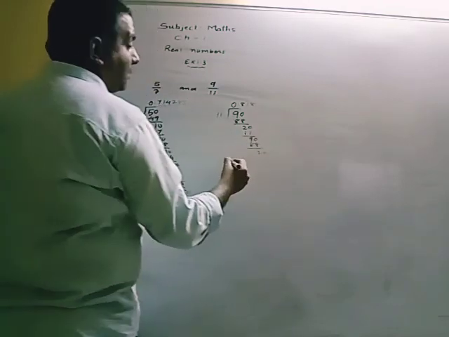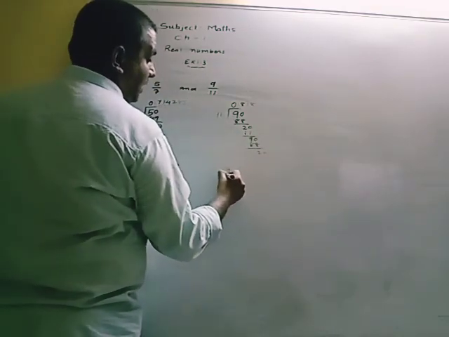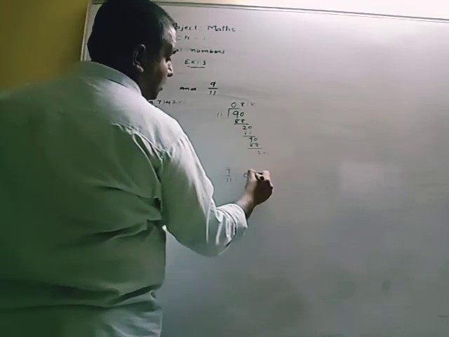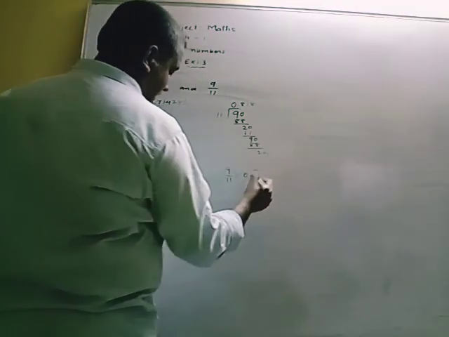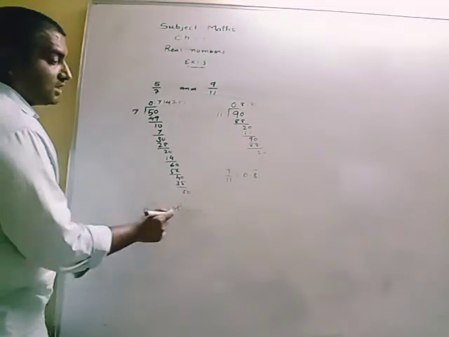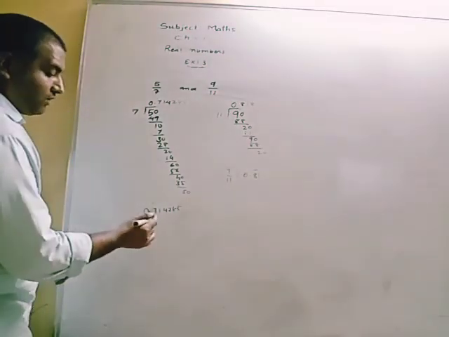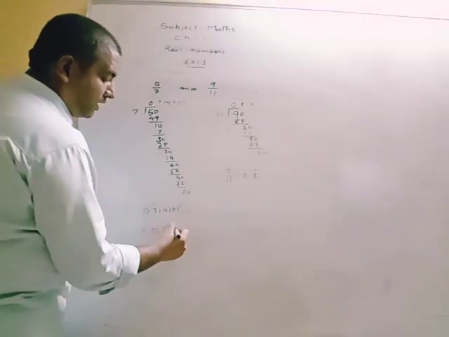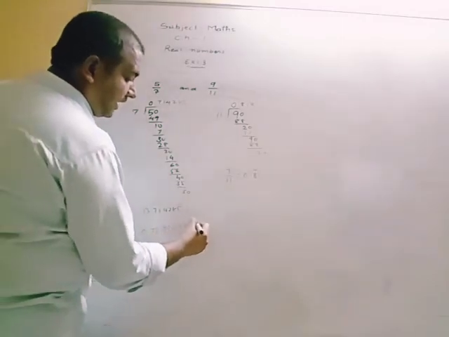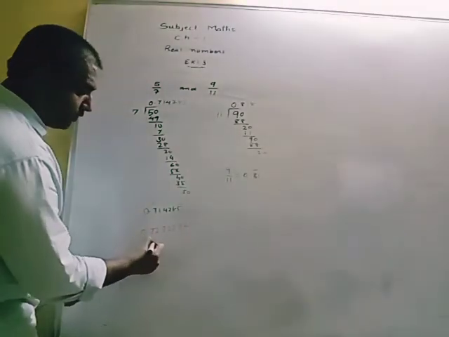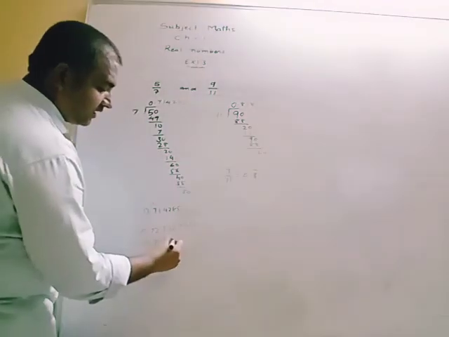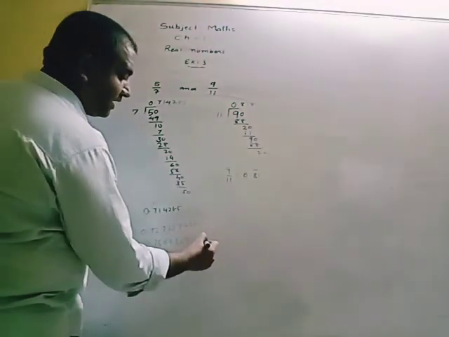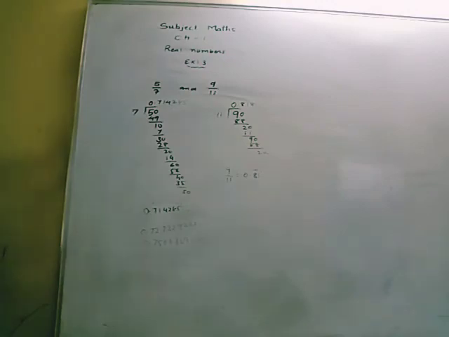So it goes on repeating, and so 9 by 11 equals 0.81 bar. So we have to write numbers between 0.71 and 0.81. So we can write 0.72, 722, 722 like this way. We can write 0.75683497 goes on, and so many irrational numbers we can write.